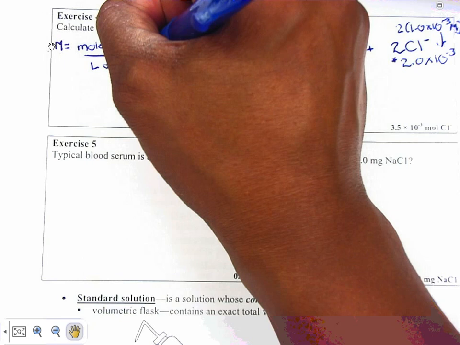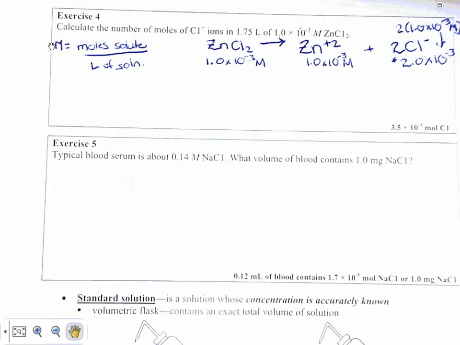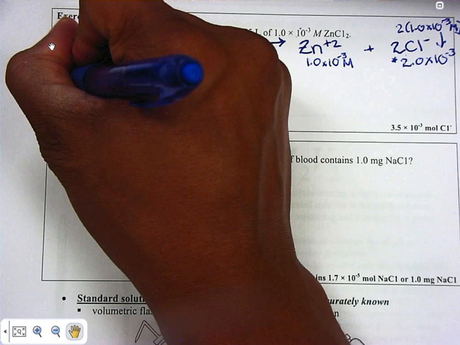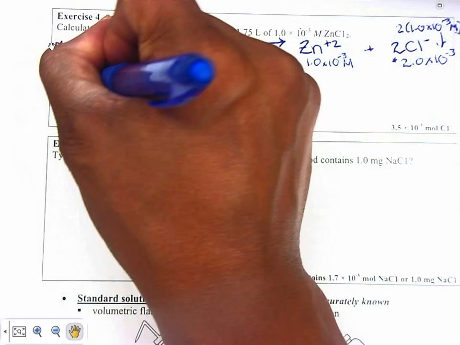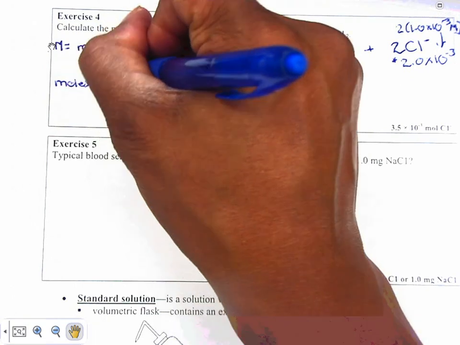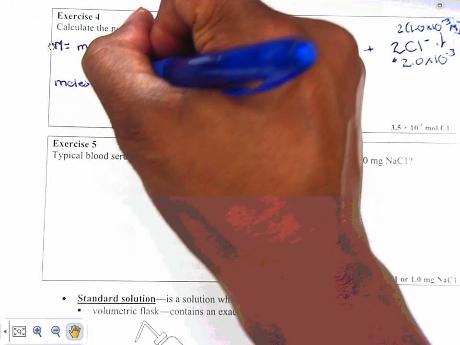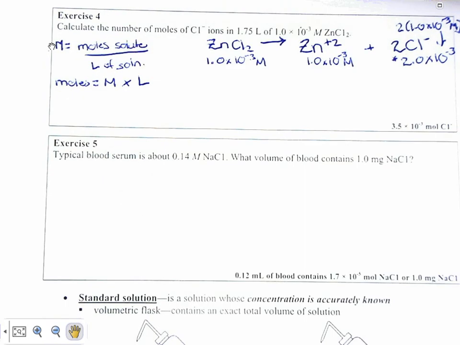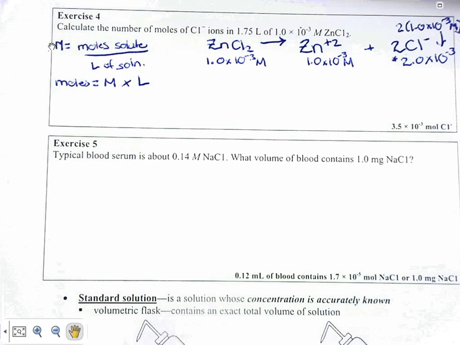And I'm abbreviating solution. However, we're tasked with finding the moles. Rearrangement of that equation yields the following. Moles is equal to the molarity, which I'm representing with the big M for molarity, times the liters of solution.